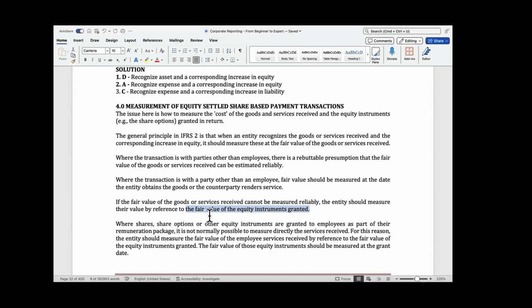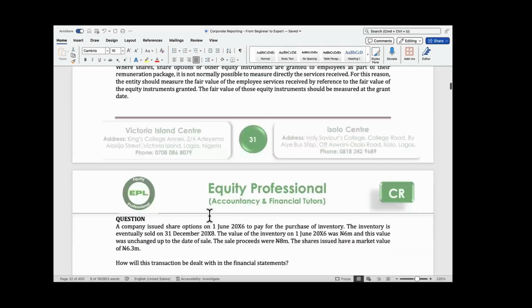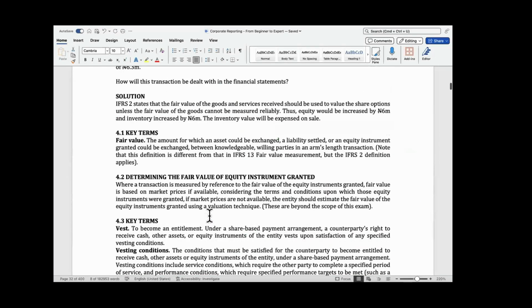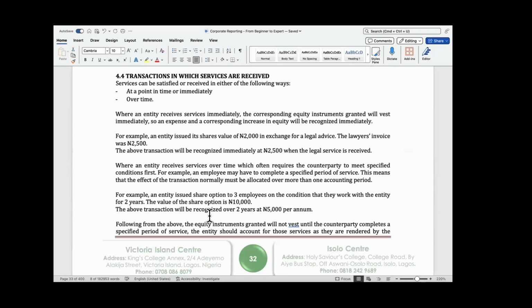Then we went ahead to explain that when it comes to an employee, the services they render to the entity are not a service that is rendered at a point in time. It's a service that is rendered over time.